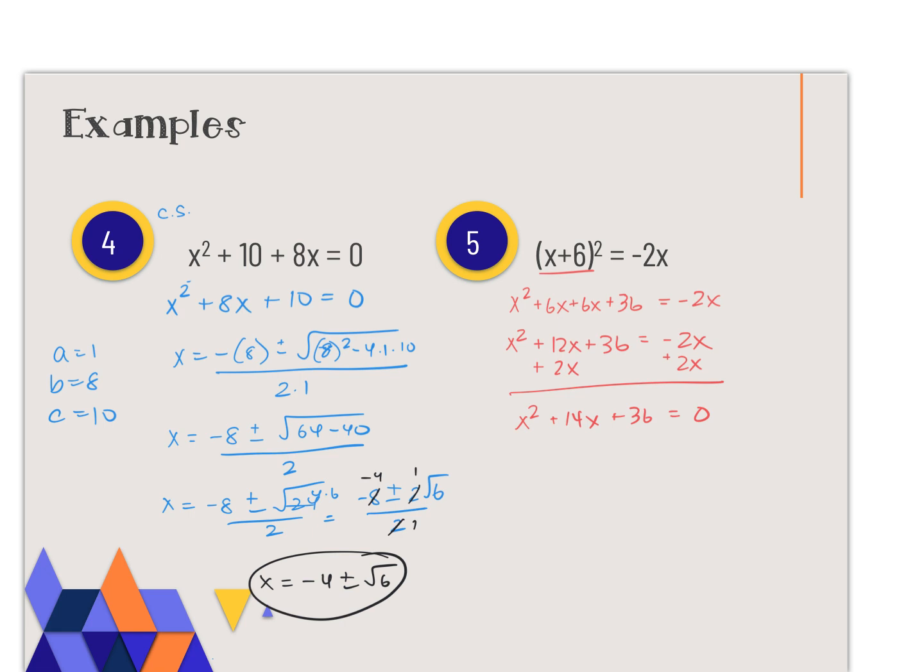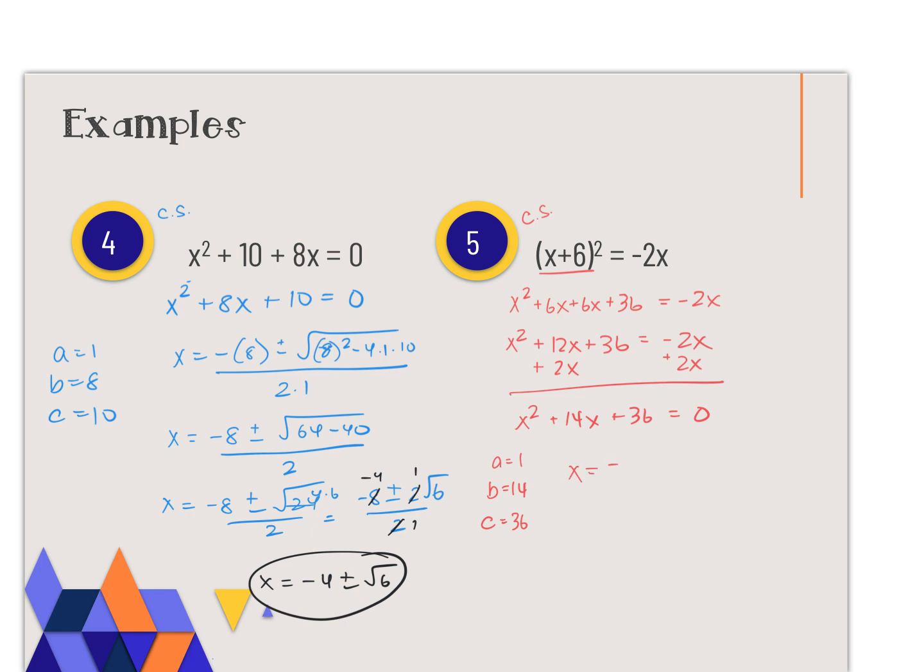Again, I would try to factor it. If factoring doesn't work, I would definitely try completing the square here because A is 1 and B is even. But let's do quadratic formula yet again. So B is 14, C is 36.